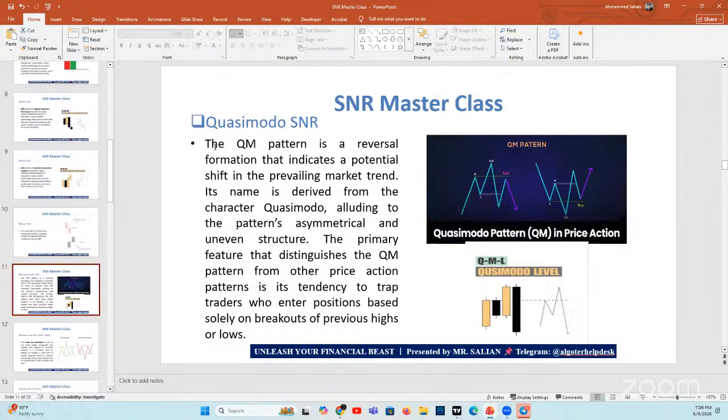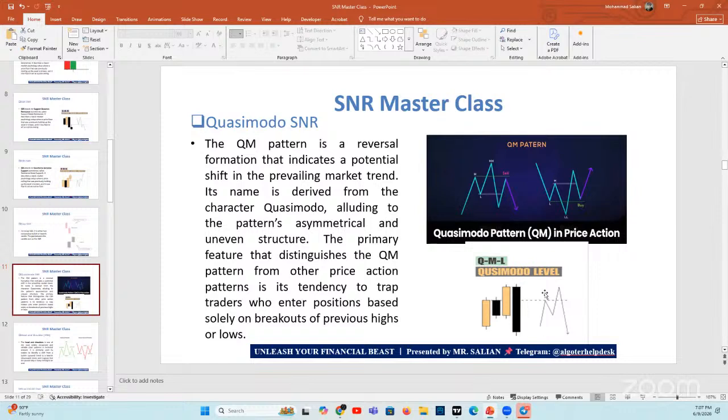Now the QM. The QM pattern is a reversal formation that indicates a potential shift, so it will reverse the prevailing market. For example, like this: there's the resistance there, breaking that, but look what happened, guys. It went all down, breaking this support here.